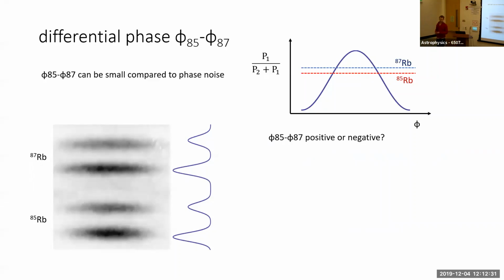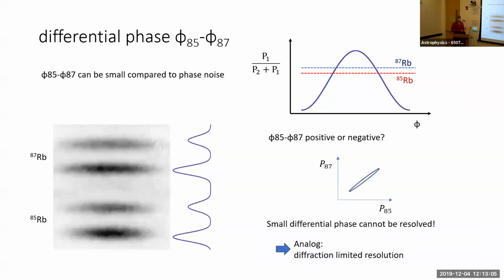The real problem though is that if you want to average multiple measurements and your noise is bigger than the difference between those two things, then you won't be able to average them down because you don't know what the sign of the other one is. So if the difference between those is large enough, you always assume that the phase is just this difference. So it's large and the fluctuations on this large effect are small. So you always say, oh, the phase is this particular number. For small phases, that's not possible.